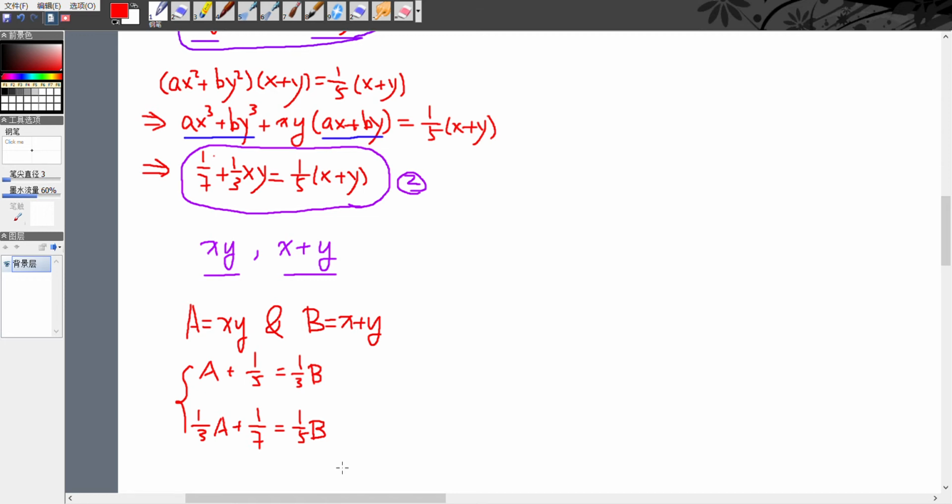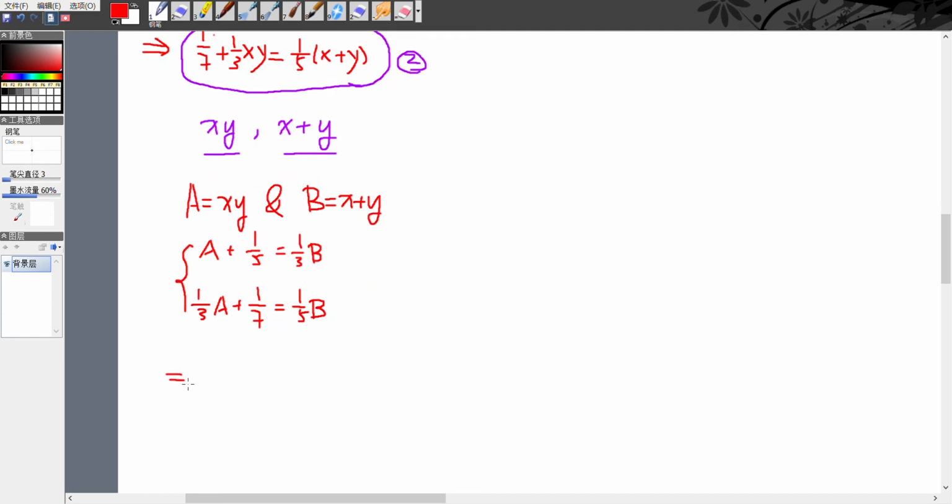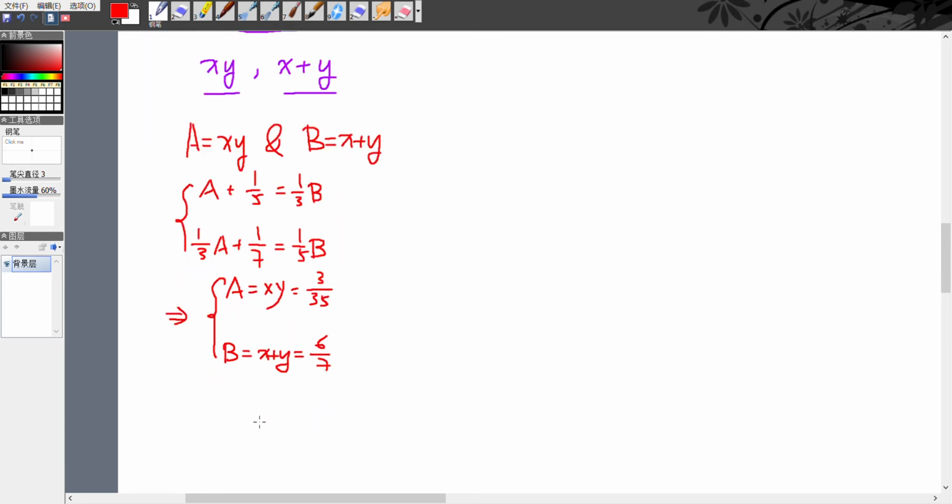I will not do the calculation here, but I've calculated this, and the result is that from these two simultaneous equations, a is equal to xy is equal to 3 over 35, and b is equal to x plus y is equal to 6 over 7. You can do the calculation to check if I'm correct or not, but I believe I'm right.